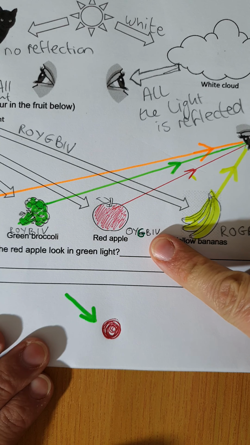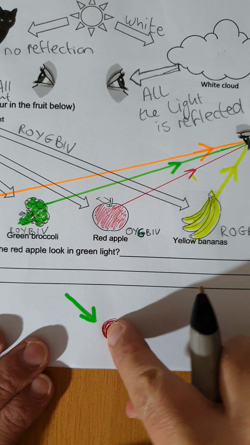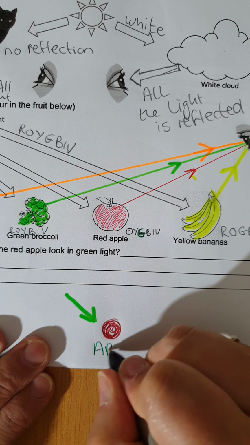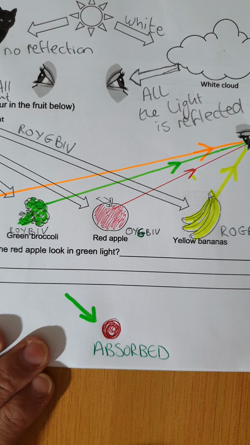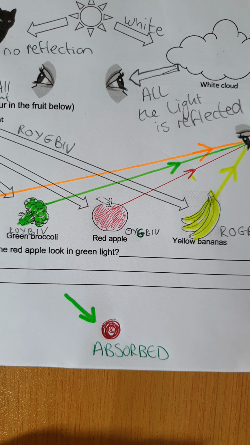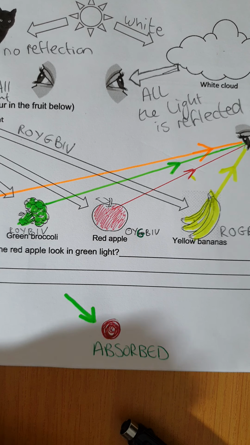when we see red. So this green light on a red apple is going to be absorbed. If only green is there and it is being absorbed, that means all the light is absorbed. And what are we going to see?